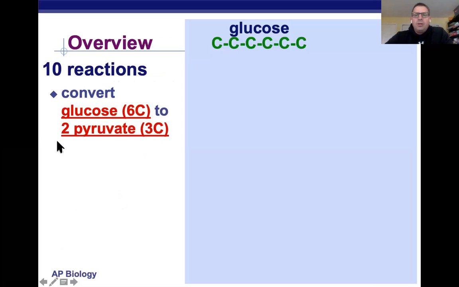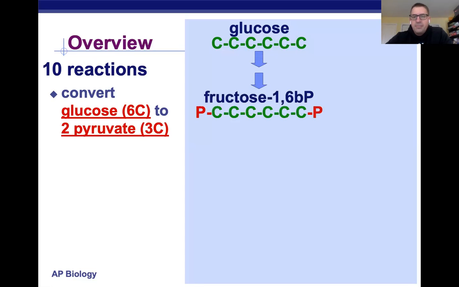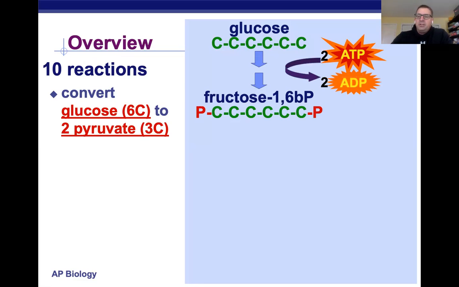Glycolysis occurs in 10 steps, and it converts glucose to those 2 3-carbon molecules called pyruvate. The first 5 stages of glycolysis are referred to as the energy investment phase. The cell is going to spend a little ATP at the very beginning of glycolysis to get this process started.